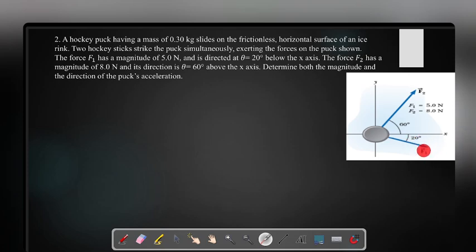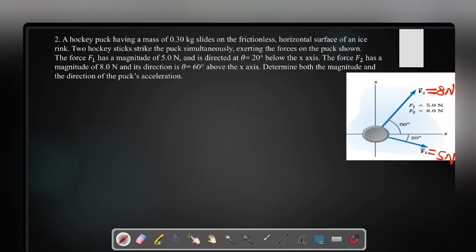So force number 1 is 5 newtons, directed at an angle of 20 degrees below the x-axis, as you can see. Then force number 2, which is right here, has a magnitude of 80 newtons, and it is directed at an angle of 60 degrees above the x-axis.